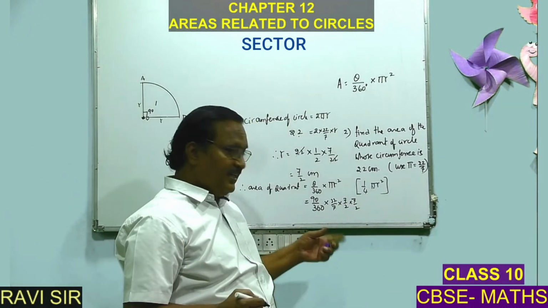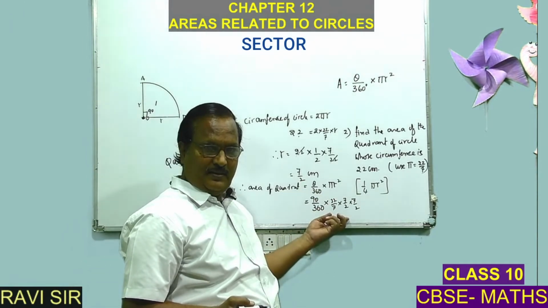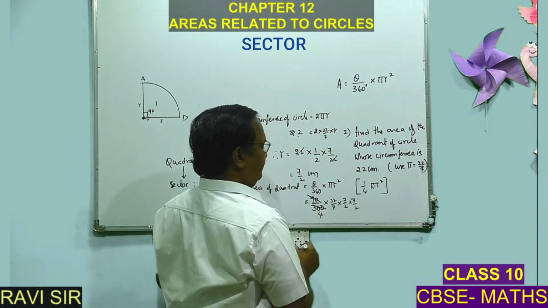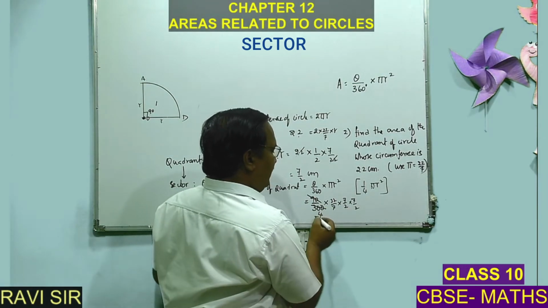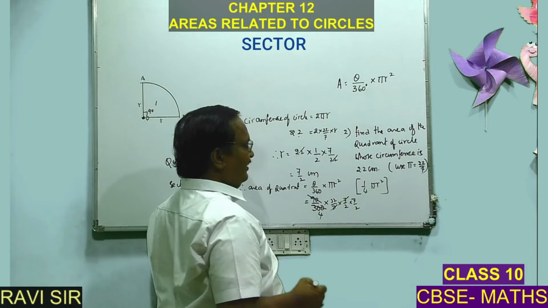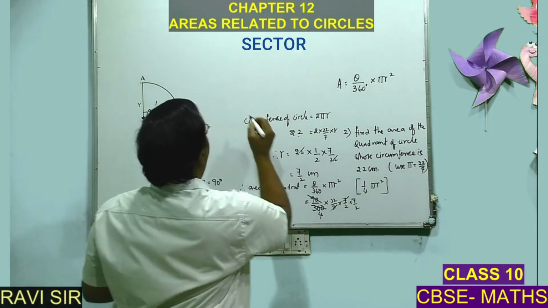That is why, because this fraction may get cancelled in the final leave. So now 90 will get 4 times. Don't cancel 2 to the 4, because all our denominators cannot be cancelled. So what is the final answer here? Let me write here.